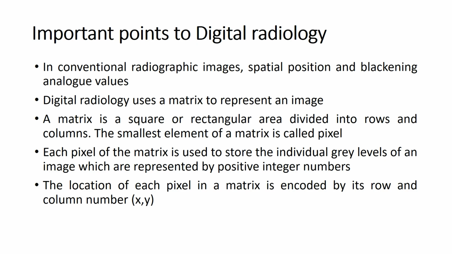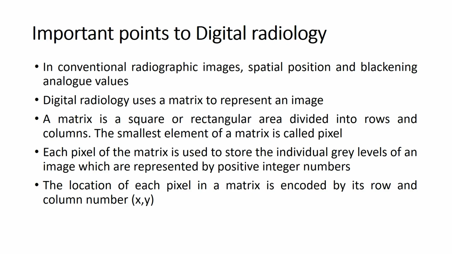Let's discuss certain important points related to digital radiography. In conventional radiographic images, spatial position and the blackening analog value are linked. While in digital radiography, we use a matrix which represents an image. A matrix is a square or rectangular area divided into rows and columns. The smallest element of the matrix is called a pixel.